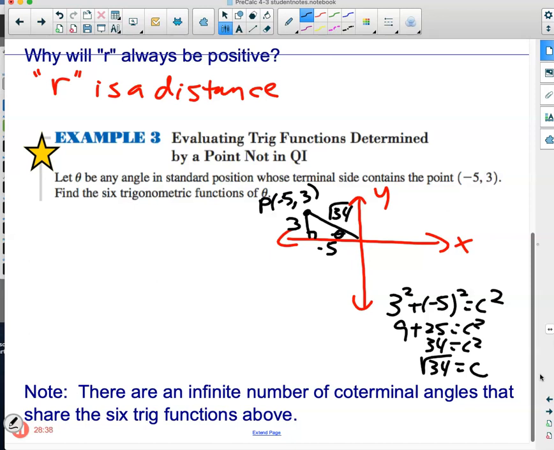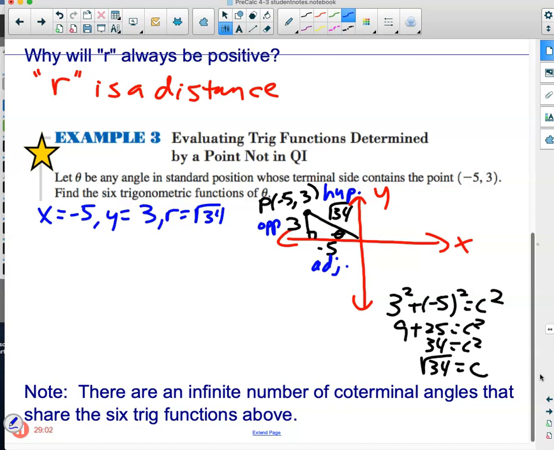There's our little angle theta. We can label our sides: opposite, adjacent, hypotenuse, or x is negative 5, y is 3, r is the square root of 34, and use coordinate trig.